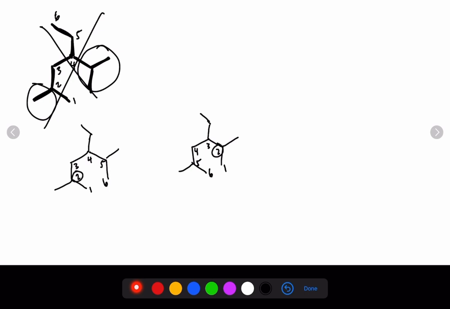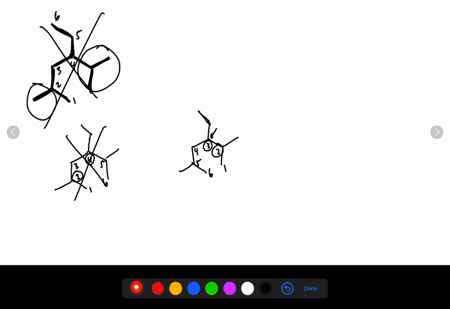We need another tiebreaker, so we go to the next available branch and look for the numbering system that gives that branch the lowest number. So on this first molecule that we drew, the second branch comes on the 4th carbon, whereas on the second one we drew, it is on the 3rd carbon. So we are going to use the second numbering system.